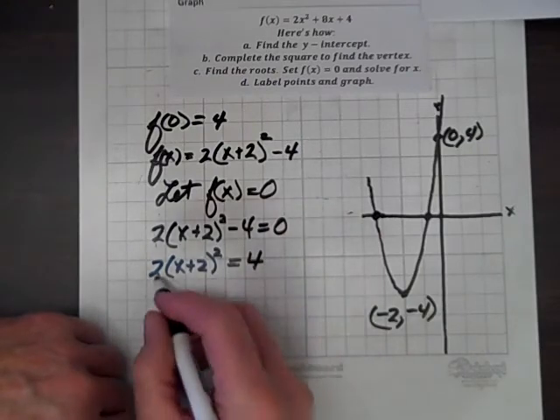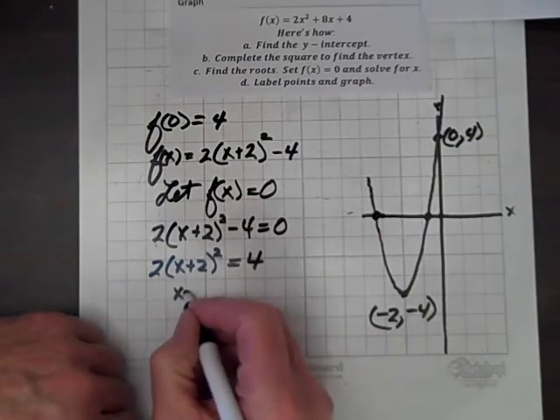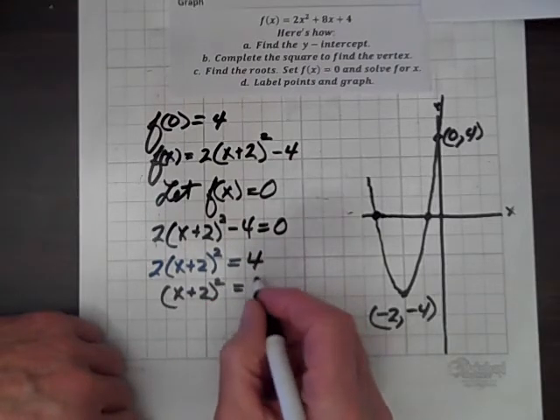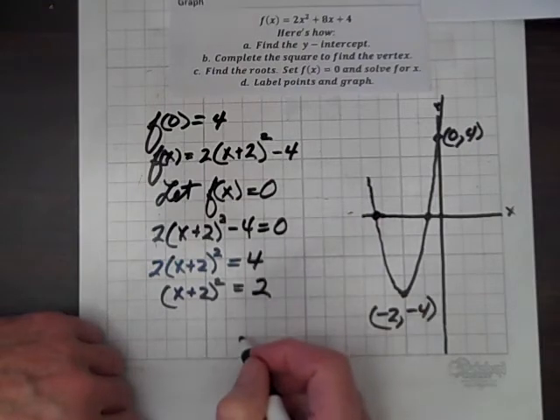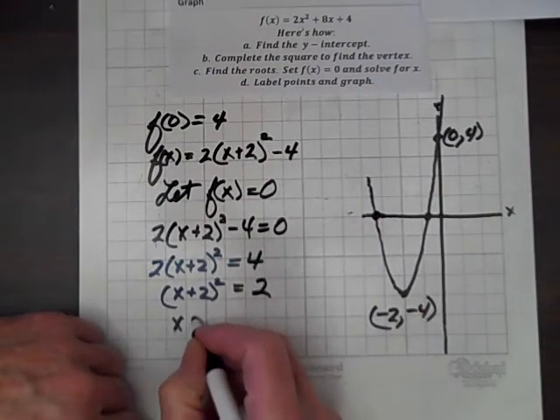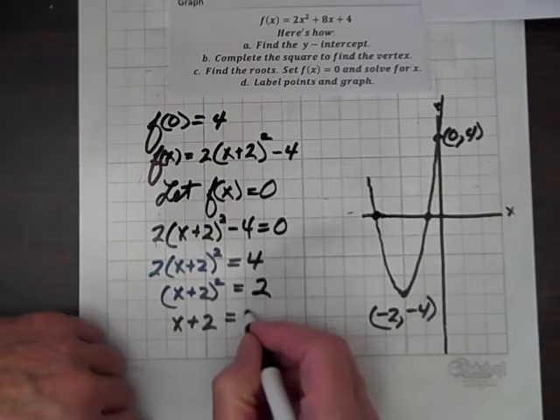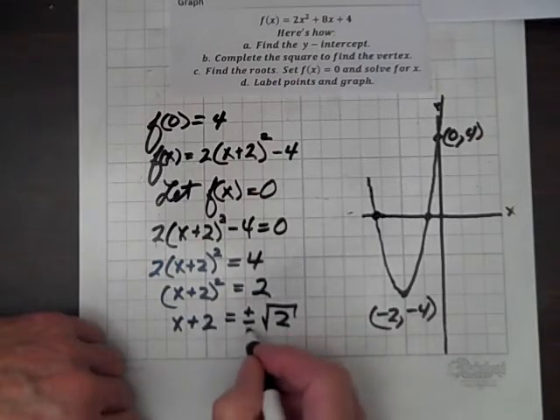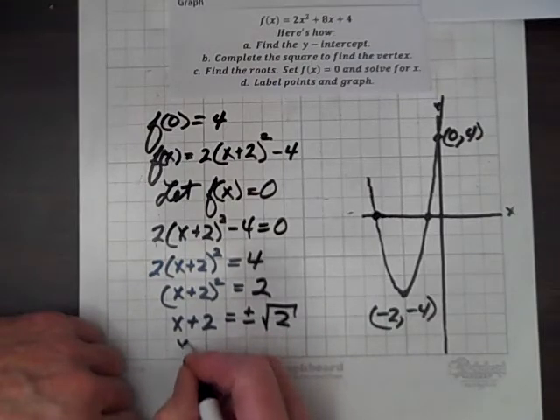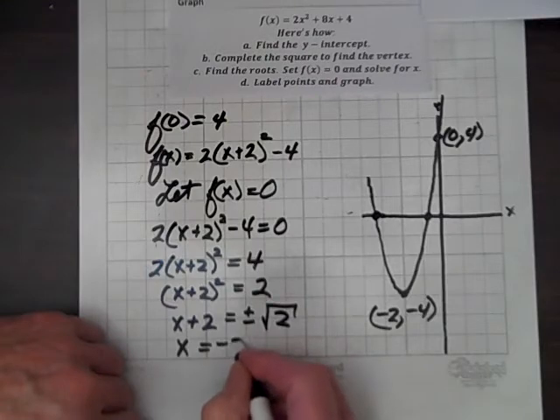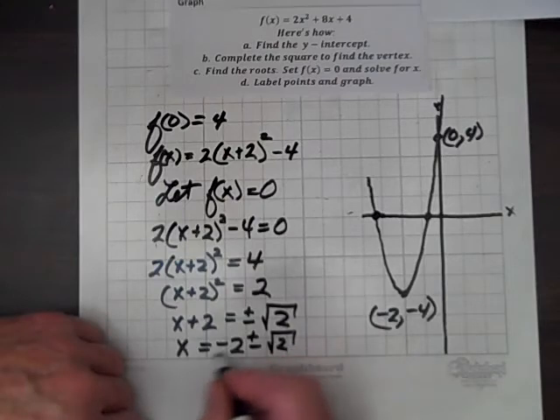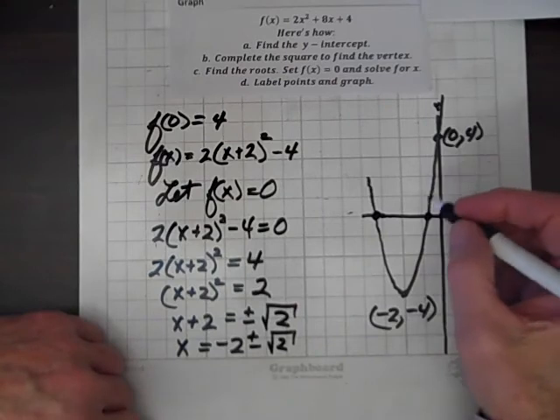Now dividing both sides by 2, we get x plus 2, quantity squared equals, and 4 divided by 2 is 2. Now by the square root property then, x plus 2 equals plus or minus the square root of 2. Subtracting 2 from both sides, we get x equals minus 2 plus or minus the square root of 2. And these are the zeros, or the x-coordinates of the zeros.